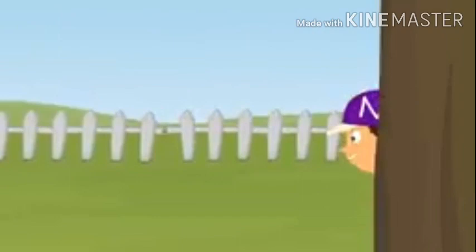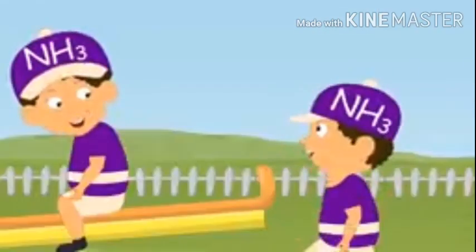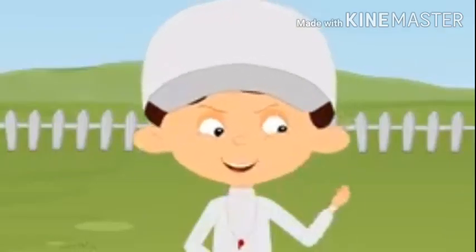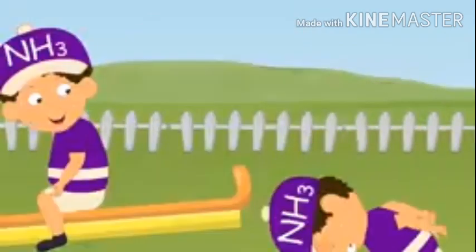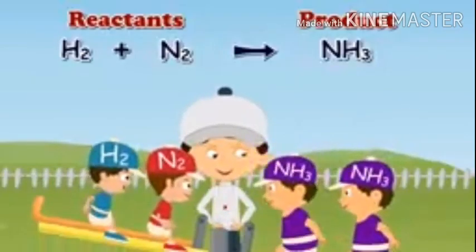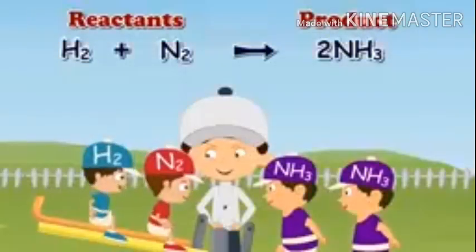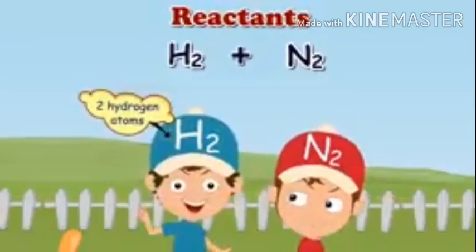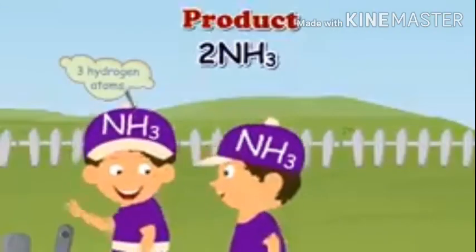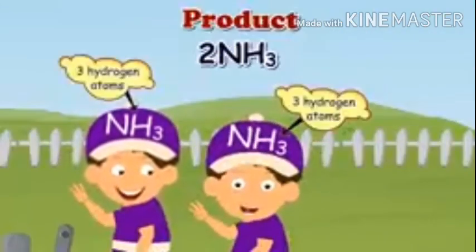What happens on adding a molecule of ammonia? You will see the number of atoms of nitrogen on both the sides is balanced now, but there is an increase in the number of atoms of hydrogen on the product side, that is 6, whereas on the reactant side there is only 2. So 2 atoms of hydrogen can be converted to 6 atoms of hydrogen. How?